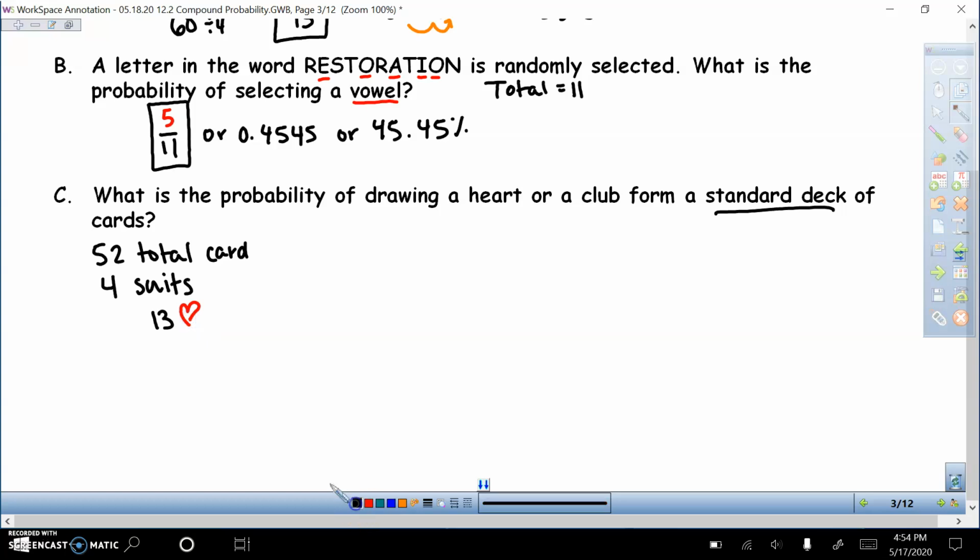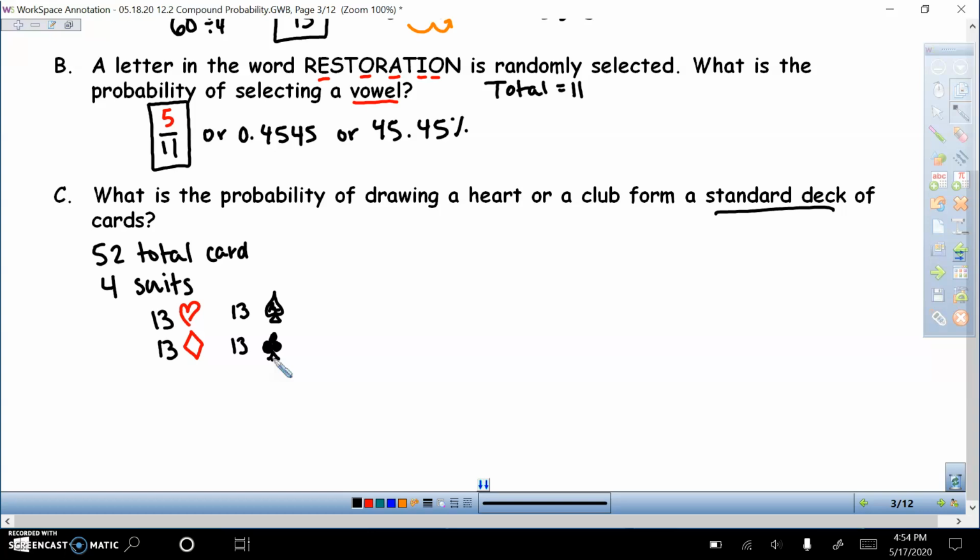You have 13 diamonds, also red cards. You have 13 spades, which look a little bit something like this, and they're black cards. And then 13 clubs look a little bit like a 3-leaf clover. That would be a club.